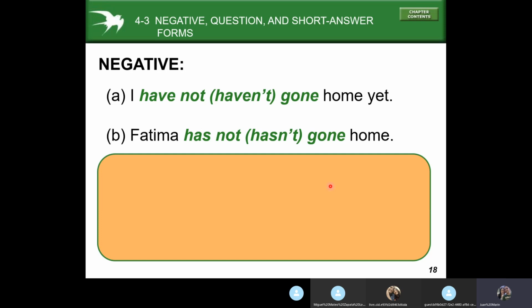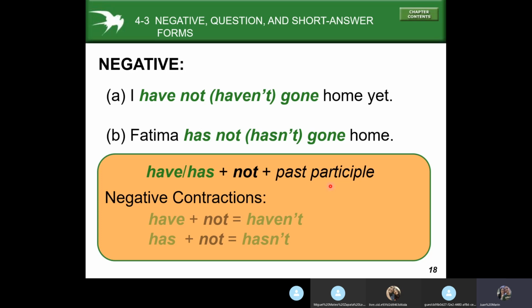For the negative, we use hasn't or haven't. But we don't say have not or has not. It's not common when we speak. But the negative contractions are, as I told you, haven't or hasn't. Maybe if you want to emphasize, but it sounds a little aggressive. When you say, for example, Fatima has not gone home, it is better to say hasn't gone home.